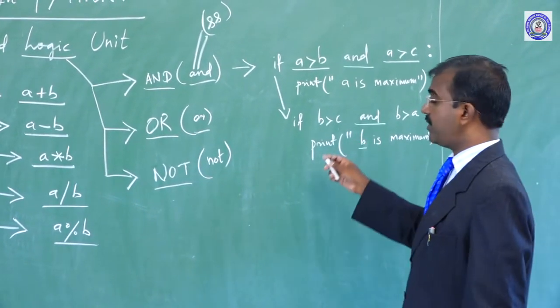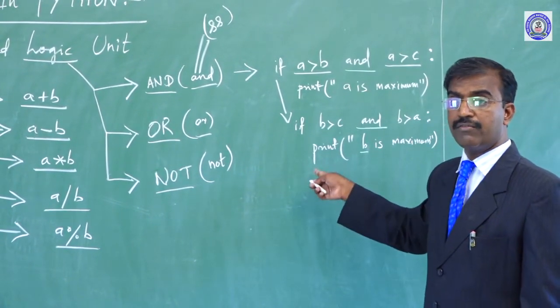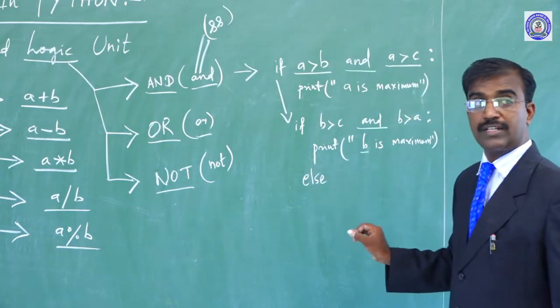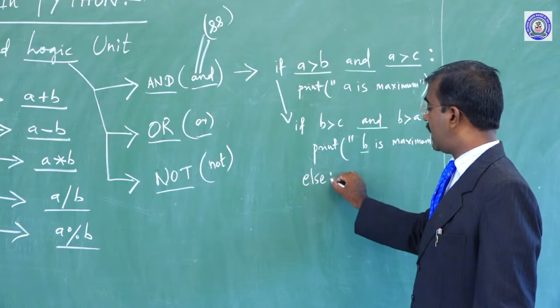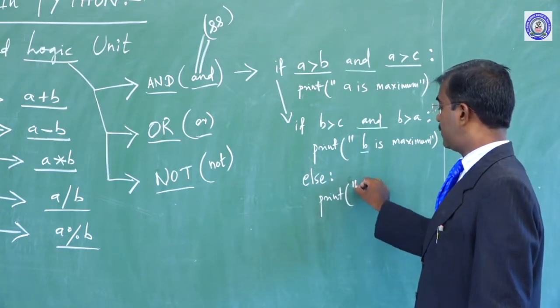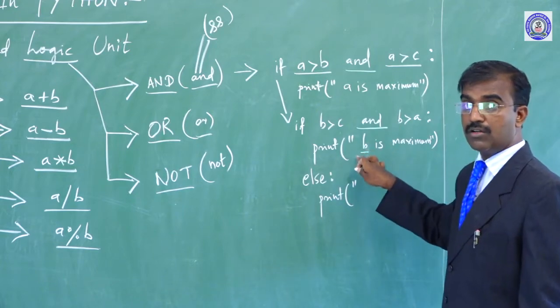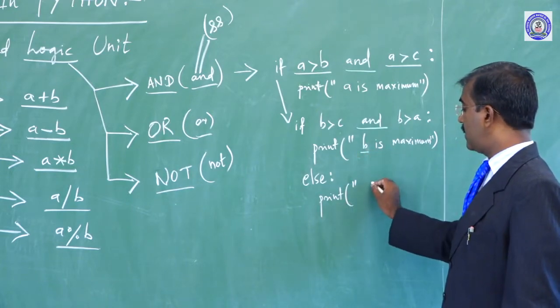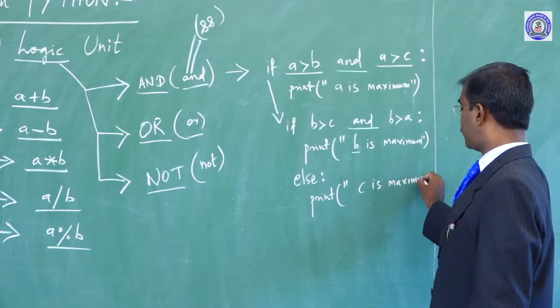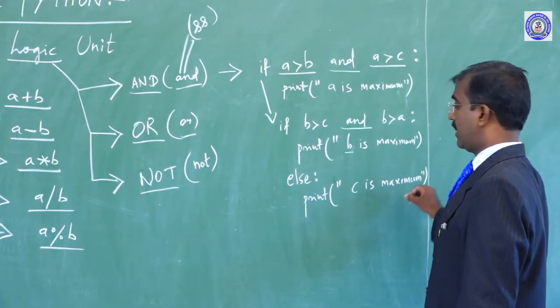But if these two conditions fail, that is nothing but else. Introduce else. This is also a reserved word, else. In that case, print: these two conditions are false, which means automatically C is the maximum value.